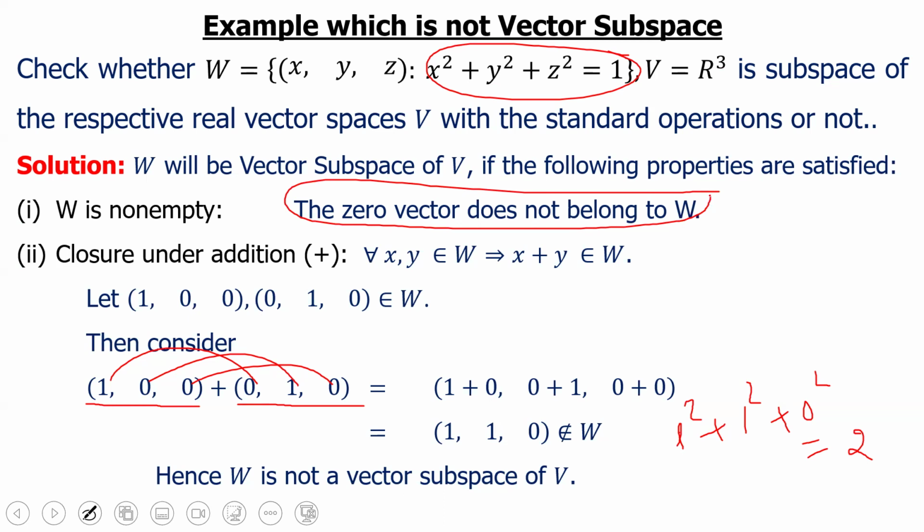And if we disprove the second property, then also we can say this is not a vector subspace. So if we are able to disprove even one of these three properties, then we can say that the given subset W of vector space V is not a vector subspace.